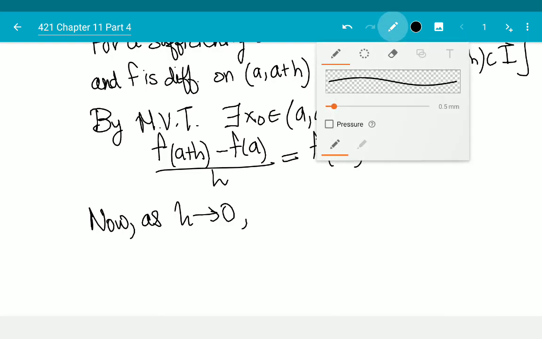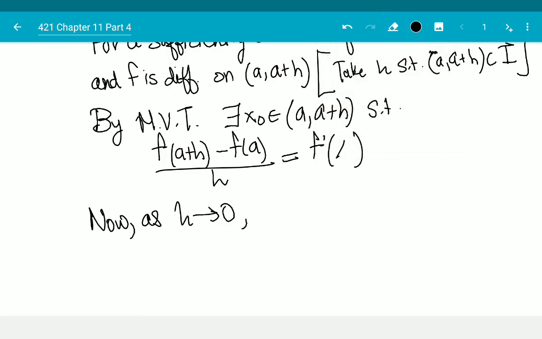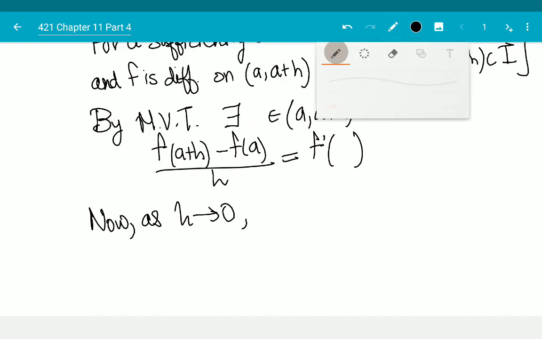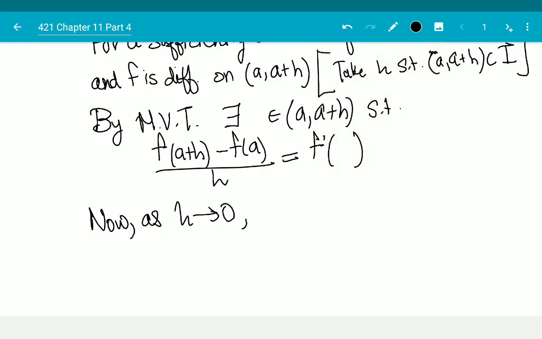Let me call this a_h, and the reason is this a_h depends on what I'm taking as my h, right? Now as h goes to 0, a_h goes to a, because my interval a plus h is getting smaller and smaller, so it's going to go to a.